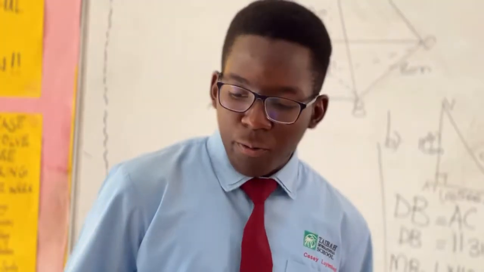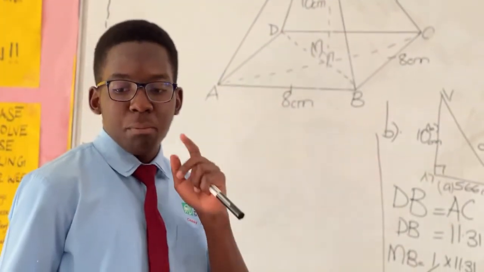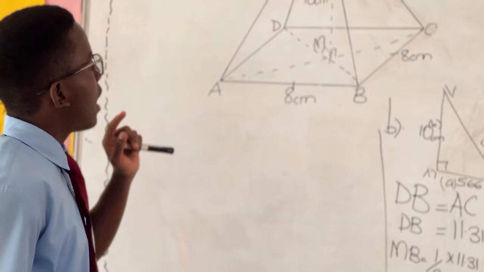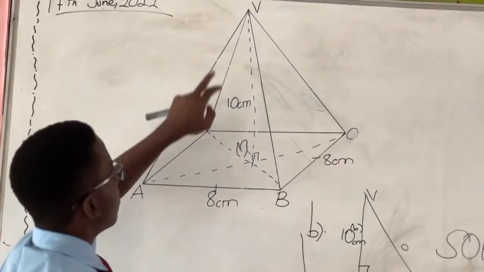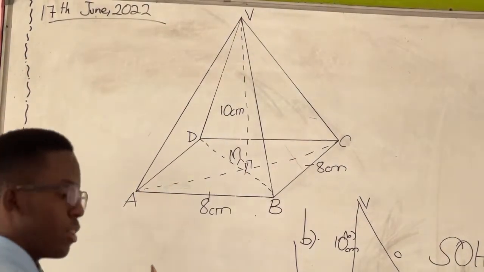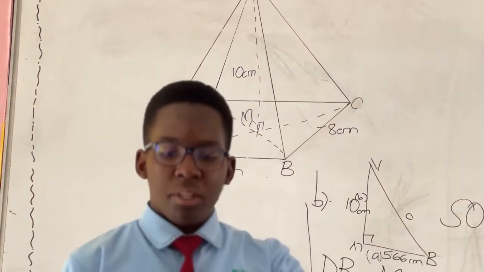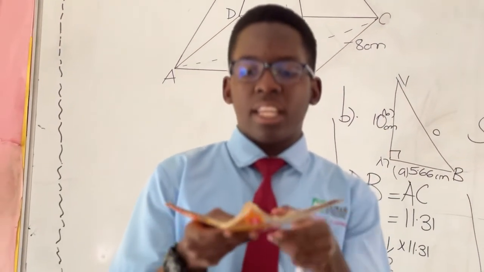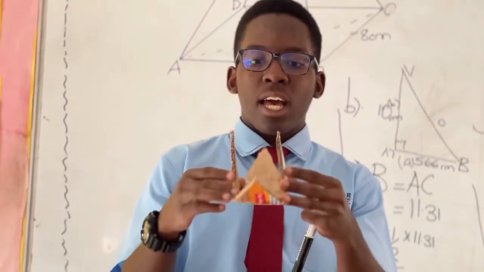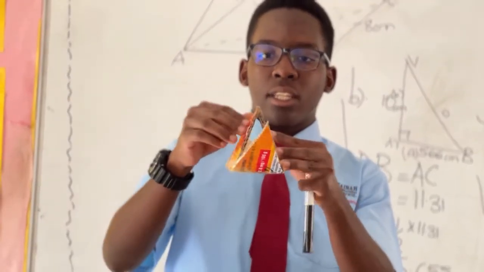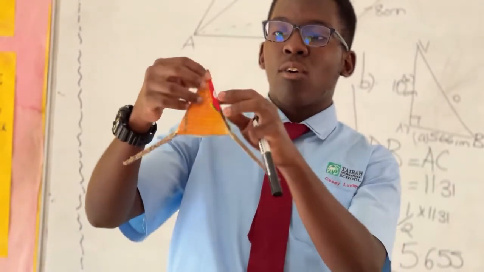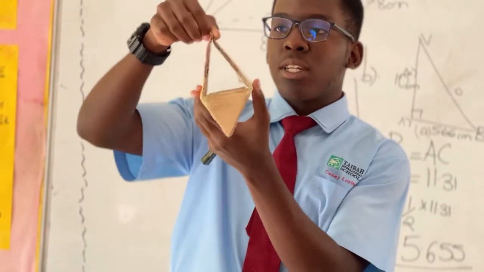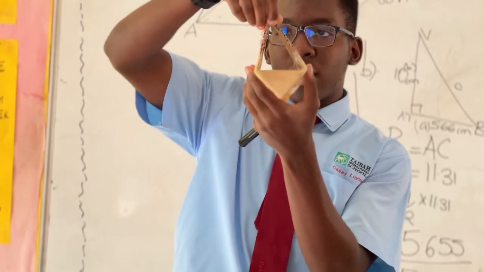So we are going to find the angle between planes VBC and planes VAD. So if I get my pyramid and have a plane like this and another plane like this, and I get them and mix, then what they're asking for is the angle between these two. What angle is this? This one that's up here.